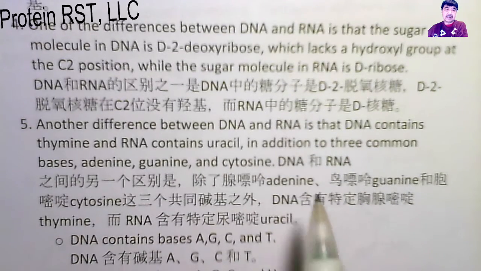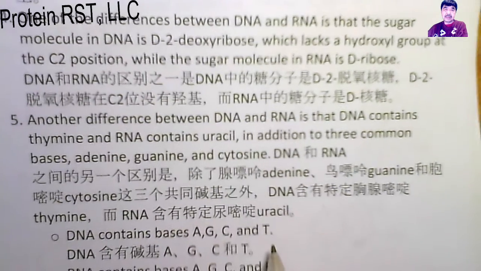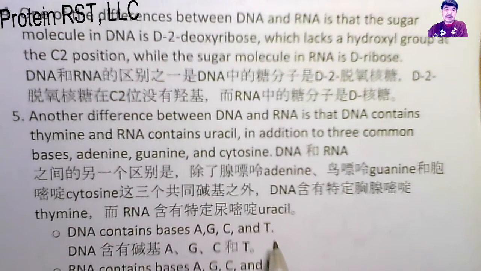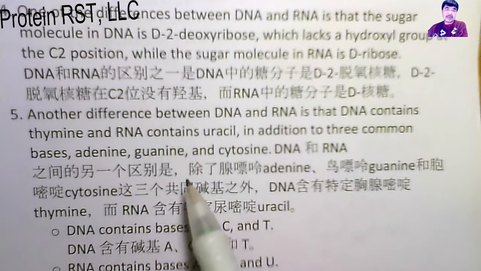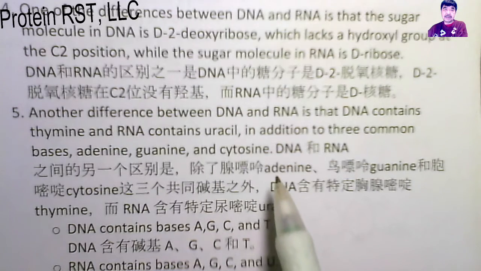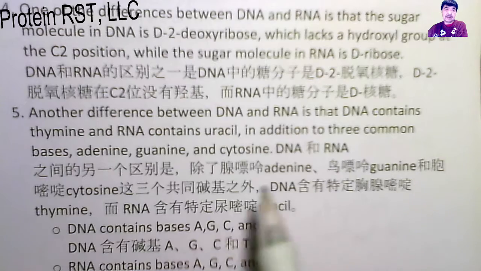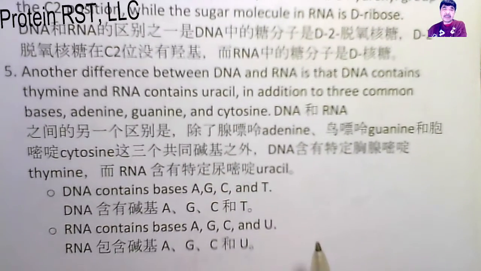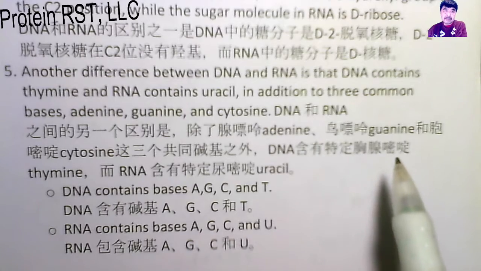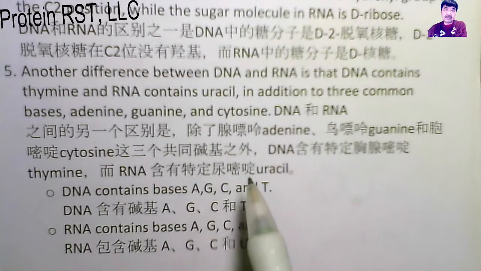Another difference between DNA and RNA is that DNA contains thymine and RNA contains uracil, in addition to the three common bases: adenine, guanine, and cytosine.